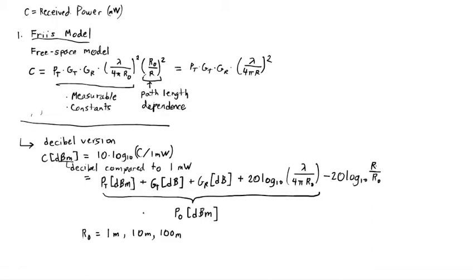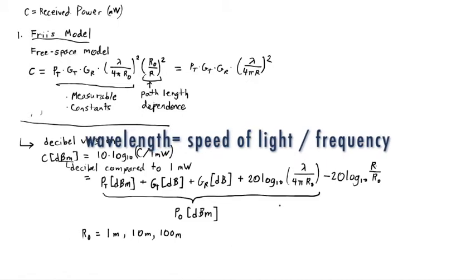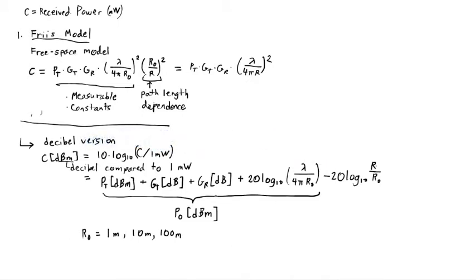So this is something that you could either determine from your components, like you might have a transmitter and you would measure the transmit power, or you would look at the spec sheet for the transmitter and figure out the transmit power. You would be buying antennas and you could look at the spec sheet for the antennas and figure out the gain at the transmit and receive antennas. And of course you would know the wavelength that you're using, lambda. So you might know these things and plug them in to get P0.